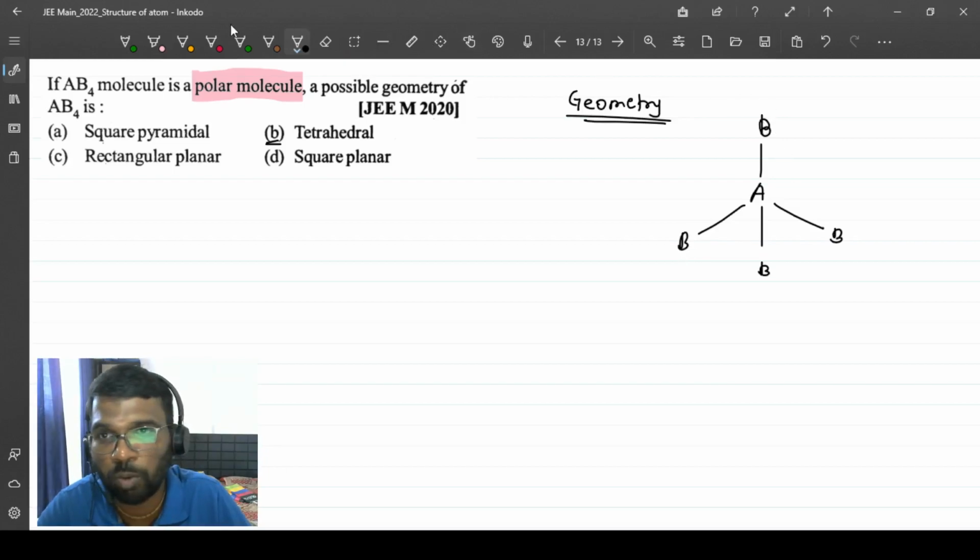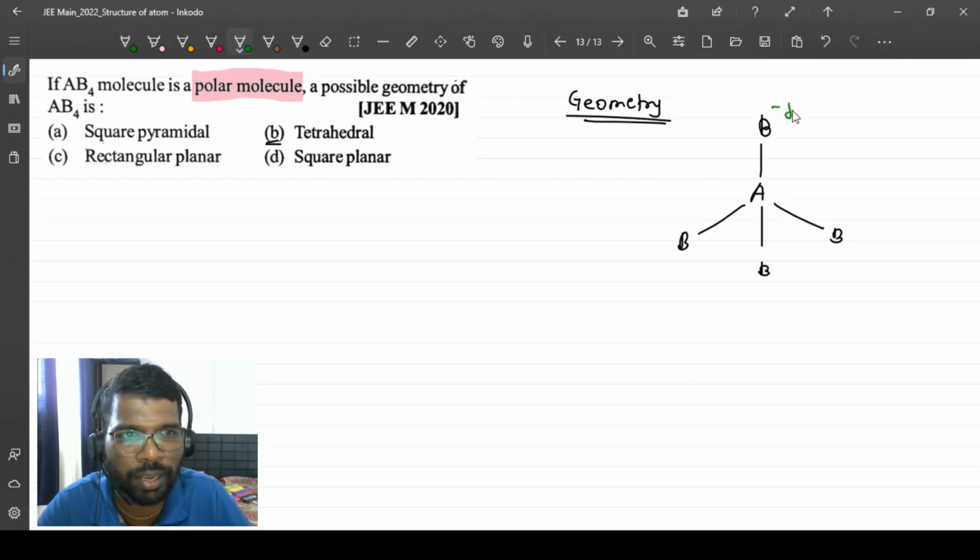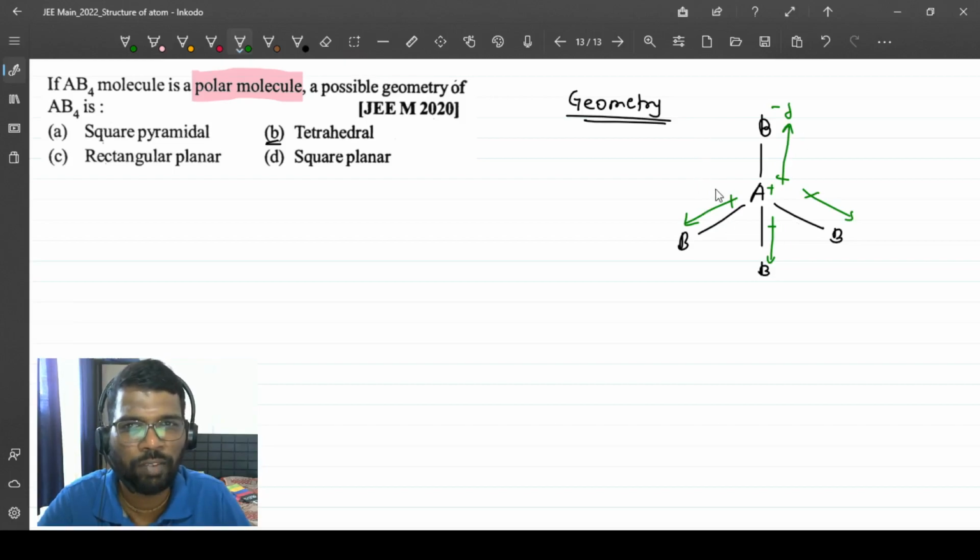Let's say B is more electronegative than A, then this will be delta negative and this is delta positive, and the same is the case with the others. So the dipole moments are oriented in these directions, and since all the tetrahedral angles are equal, all these dipole moments are going to get cancelled, right? And there will be no polarity left in the molecule.